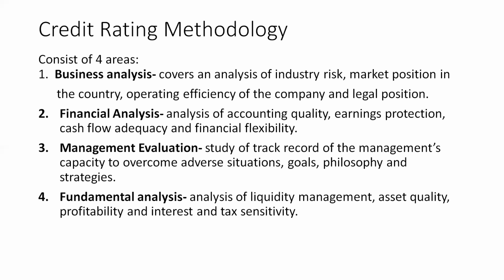The second area covered under the rating process is financial analysis: analysis of accounting quality, earnings protection, cash flow adequacy, and financial flexibility. In this case, the issuing company is analyzed by the rating agency, the rating committee, using various tools for accounting quality.